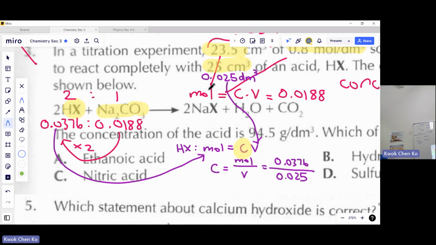Okay, work out the concentration, and you get your answer. 1.504. Remember the units for concentration: mole per dm cube.